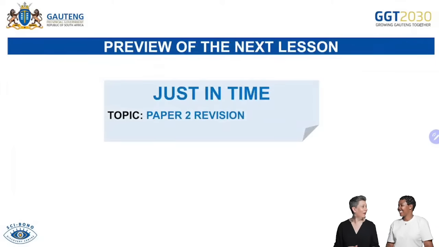So tomorrow you're writing paper 1, and then your next one will obviously be paper 2. The revision, just before you write, will take place on the 12th of November. So make sure that you jump into this revision lesson on the 12th of November for paper 2.